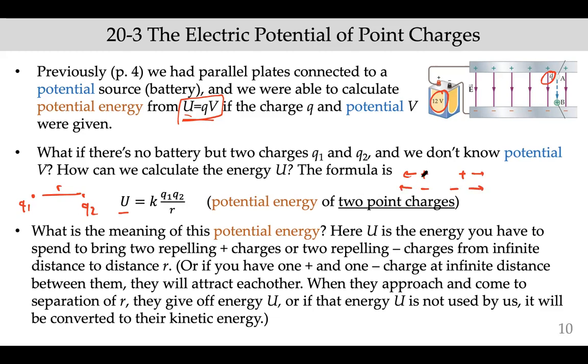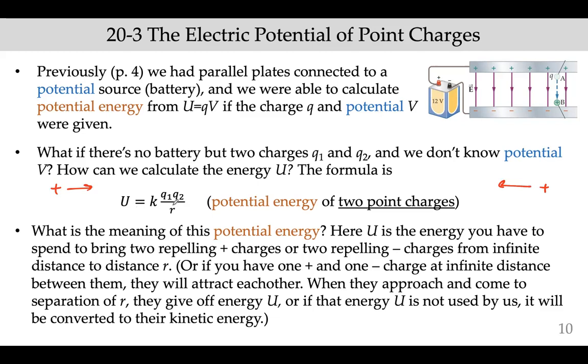Now imagine that you have two plus charges at infinity, separated by infinite distance. Suppose that you bring both of them from infinity. Let's say one of them is at negative infinity, you bring it from negative infinity, and the other one you bring from positive infinity.